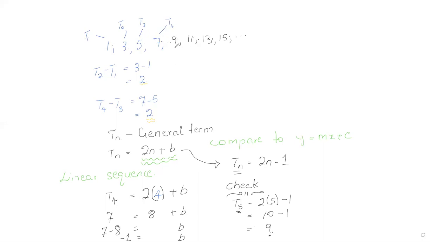Going there, we found that truly T5 is a 9. So your general term Tn equal to 2n minus 1 is correct for this number pattern.